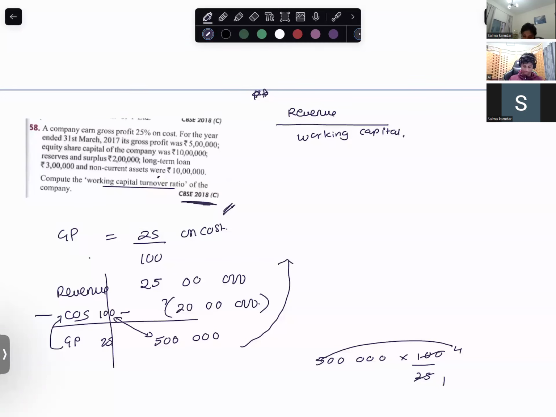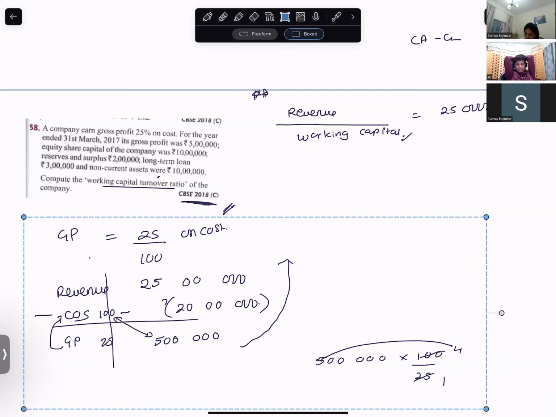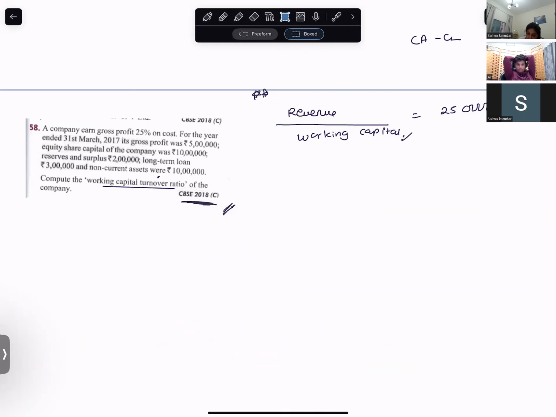Now what do I need to find out? Working capital. I've got my revenue as 25 lakh. Working capital is current assets minus current liability. Are you with me? Yes, ma'am. Let me see what information they've given. They've not directly given me the current assets and current liability. Is it correct? Yes, ma'am.